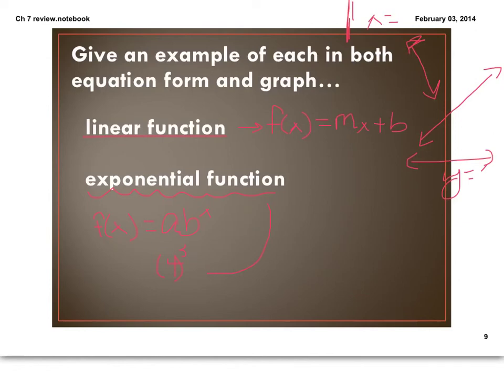It's going to go up as I go from left to right. Again, this part will never hit the x-axis if this is the x-axis. My graph will never, ever hit that x-axis. It'll get really, really close, but it will never hit.